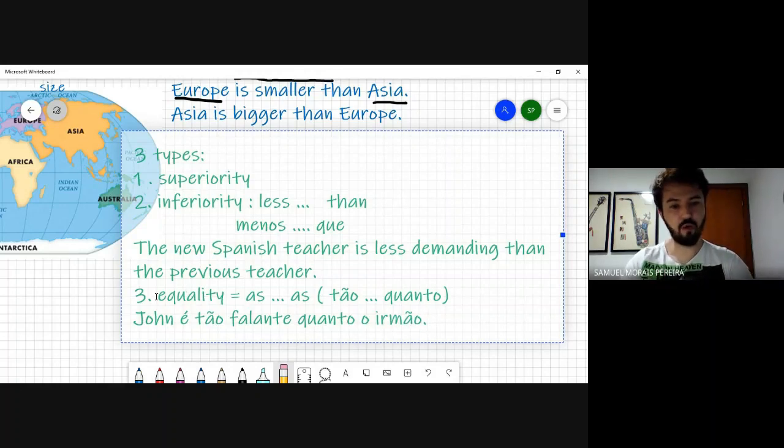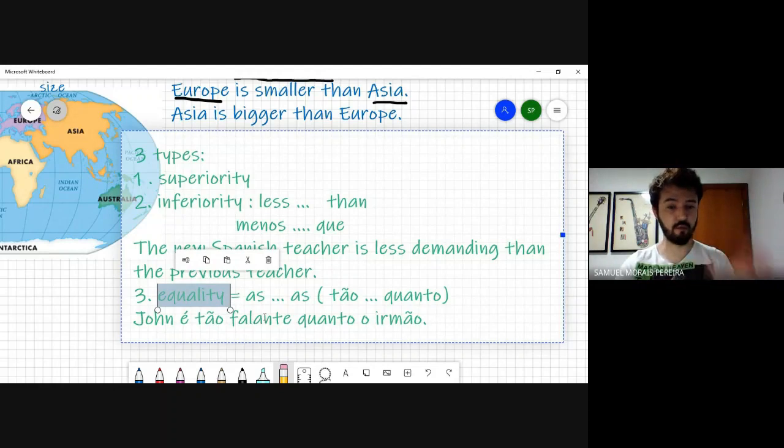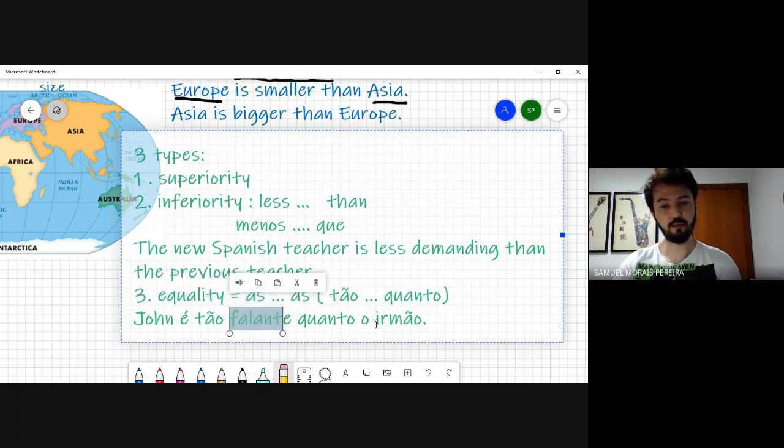This is called equality because the characteristic I am talking about se apresenta da mesma forma nos dois elementos sendo comparados. So can you see? I am saying that John is falante and his brother is also falante.